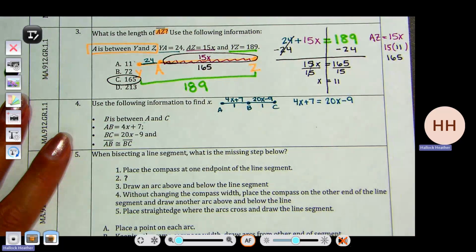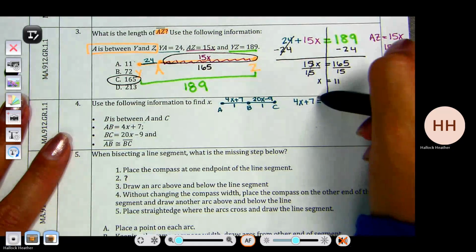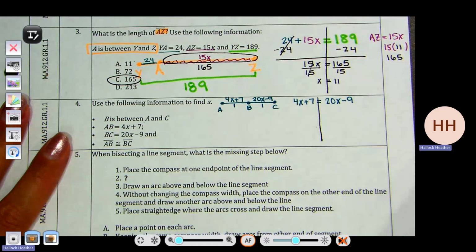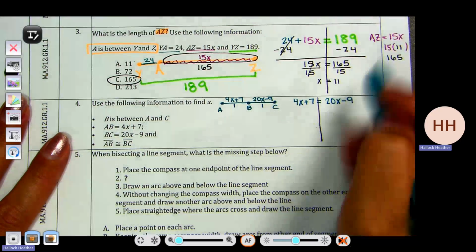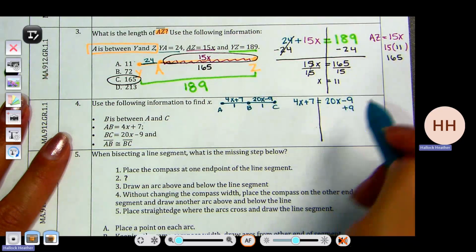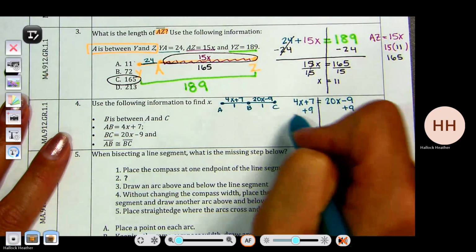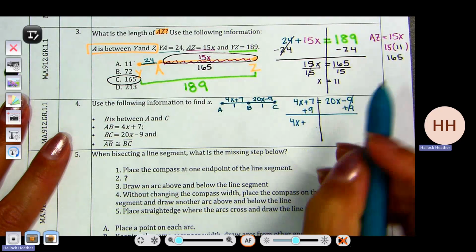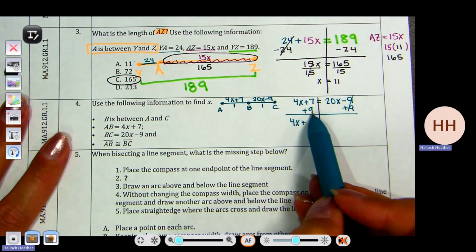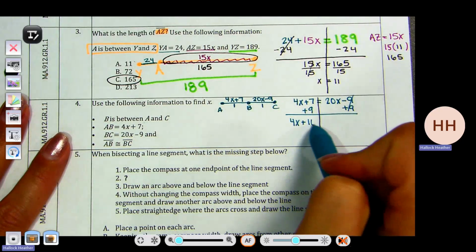And then I'm going to draw my line. You can do one of two things. You can either subtract 7 from both sides, or I'm going to get rid of the minus sign instead. I'm going to add 9 to get rid of that negative. So 7 plus 9 gives me 16.